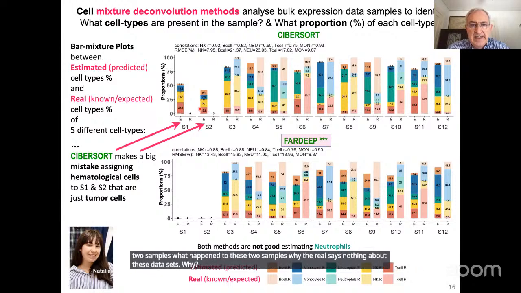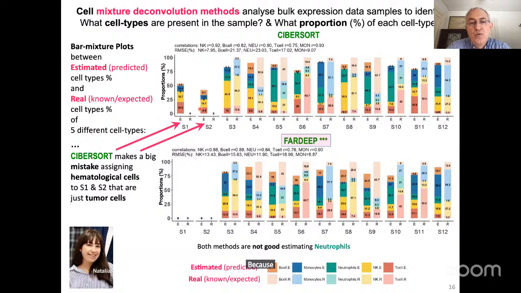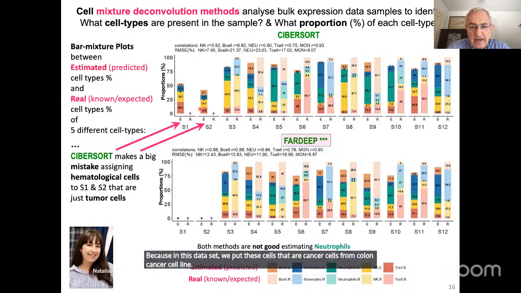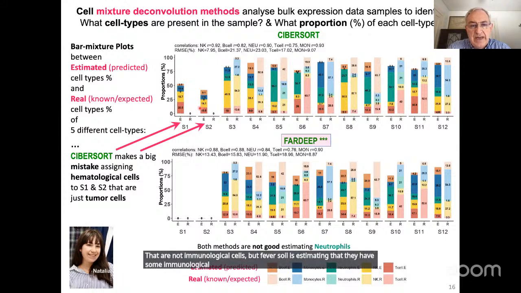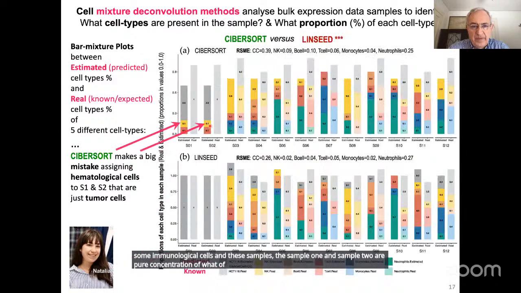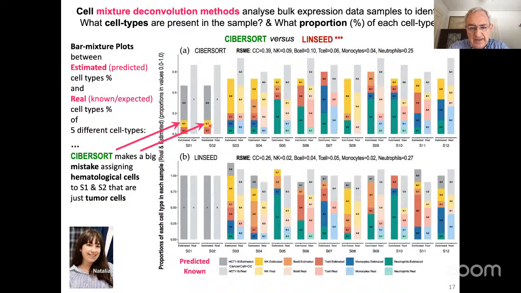Because in this data set, we put these cells that are cancer cells from a colon cancer cell line that are not immunological cells, but Cibersort is estimating that they have some immunological cells, and these samples, sample 1 and sample 2, are pure concentration of cancer cells, as you can see here.